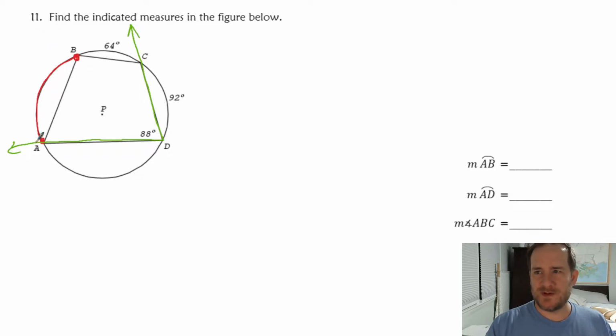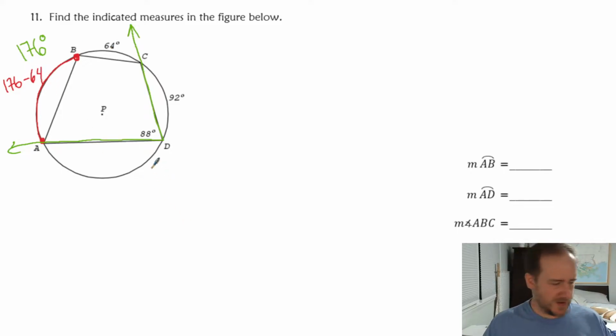So that means the arc that goes from A all the way to C would be 88 times 2. So 176. But then you know that BC is 64. So wouldn't AB be the full arc AC, the 176, minus the 64?